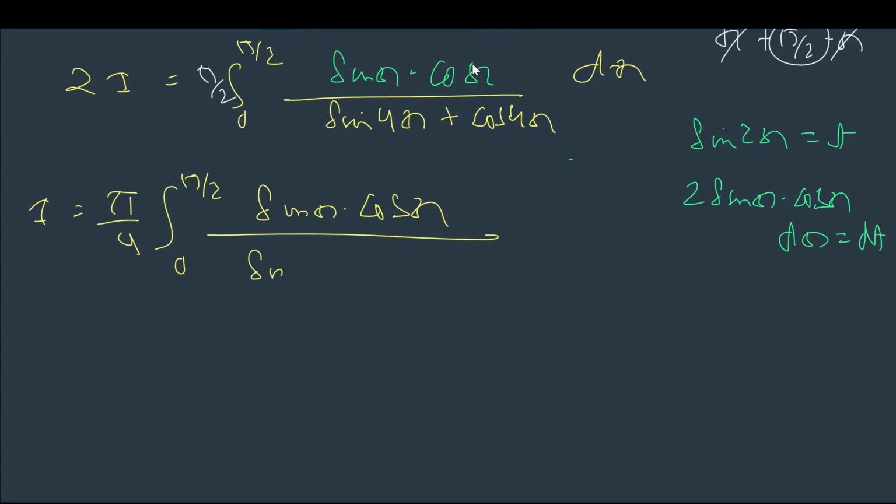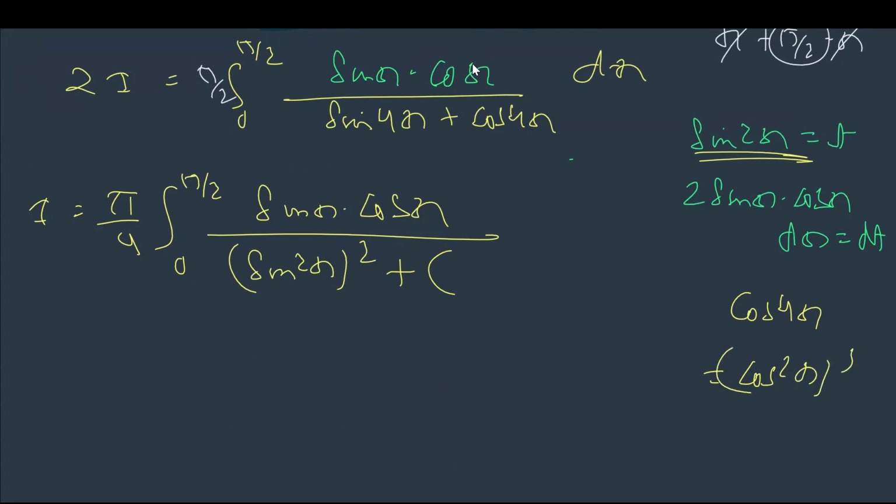As I said, I'm going to take sine square x as t. That's why I wrote power 4 as sine square whole square plus, and I can write this cos raised to the power 4 x as cos square whole square. And cos square can be written as 1 minus sine square.